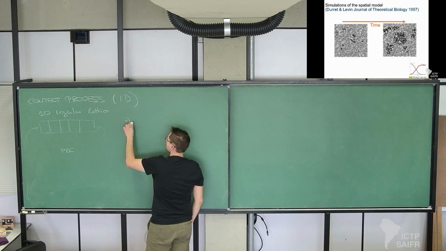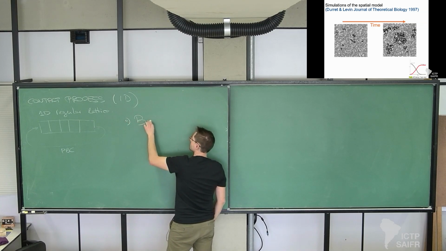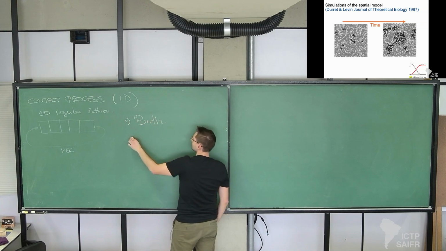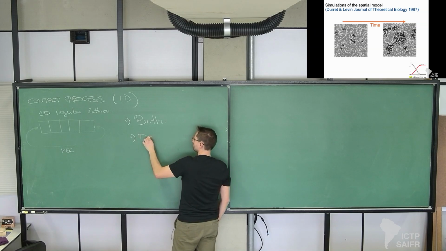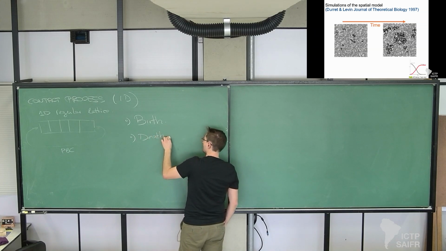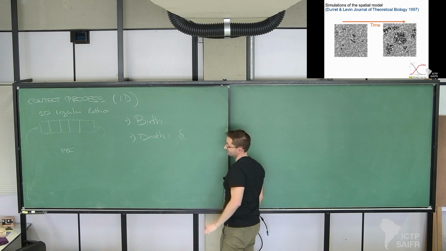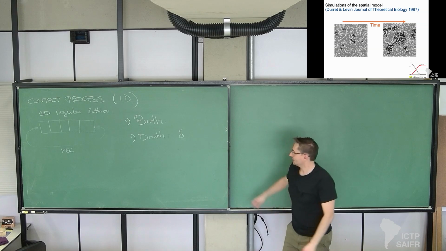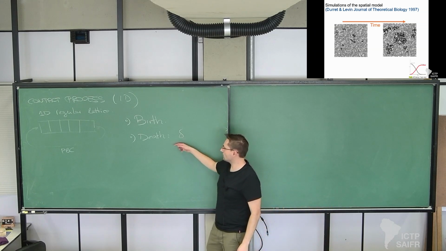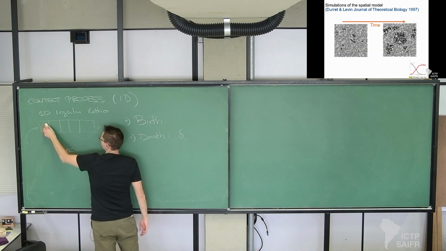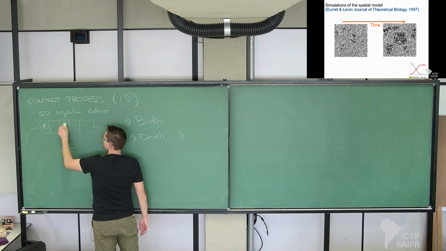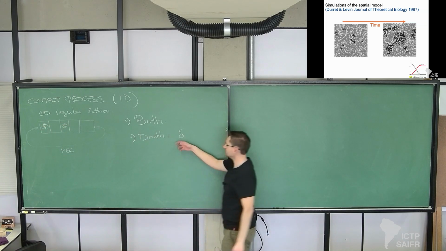The number of processes that we are going to have is very small. We are just going to have birth and death. Death is always the good one, the easy one. Basically, individuals that are in each of these nodes will die at a rate delta.